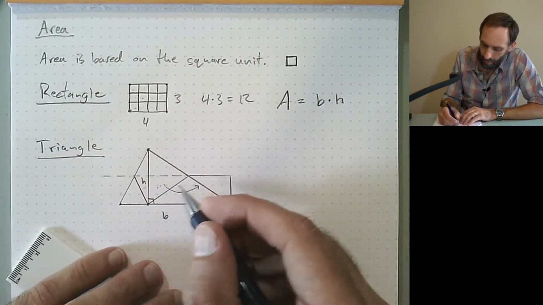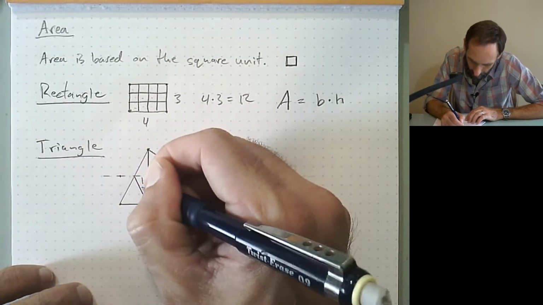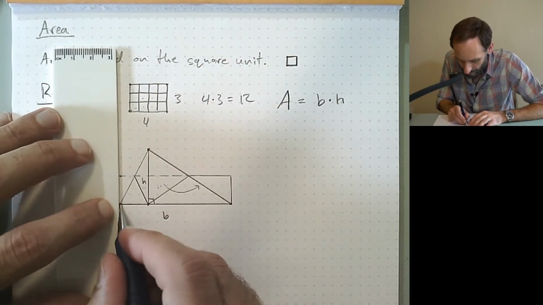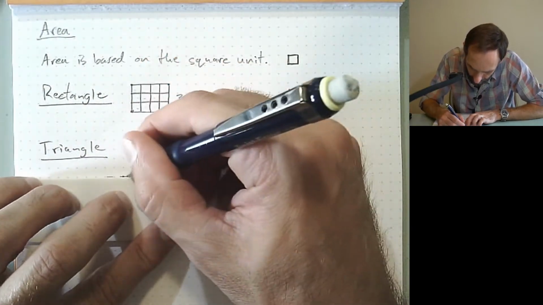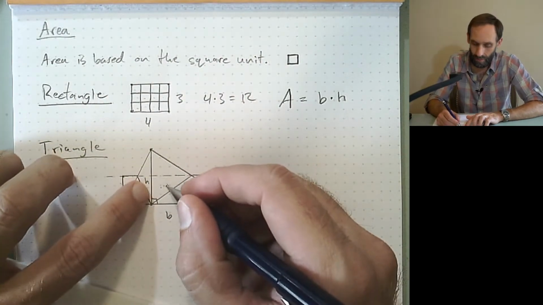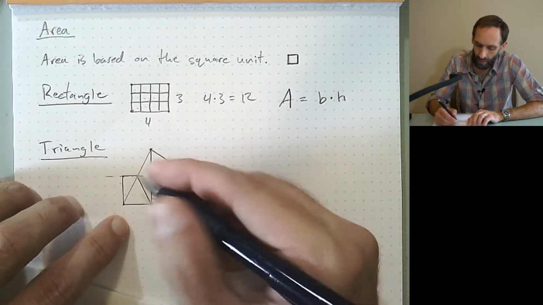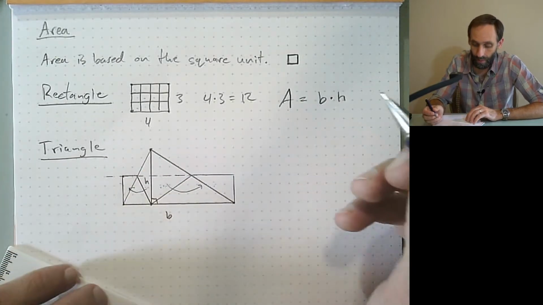This triangle here would go right there, and then this smaller triangle here would fill in this space right here. Okay, so that's kind of cool. The overlap space neatly falls into this area and that area right there.